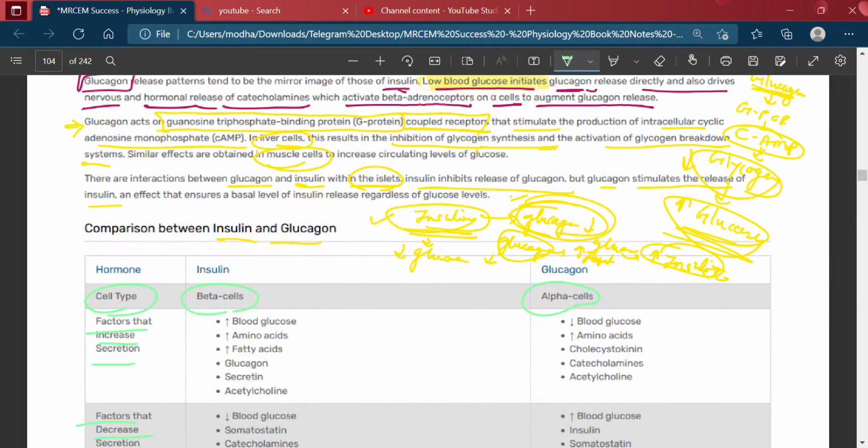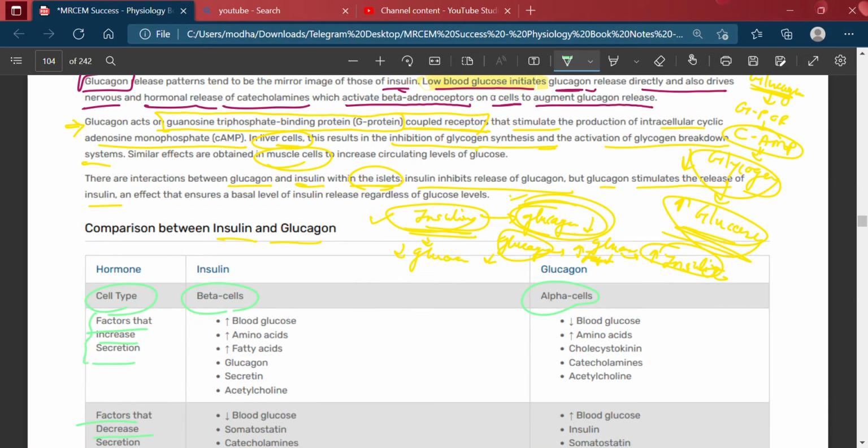So for factors that increase secretion from the beta cells, insulin secretion is increased by increased blood glucose.